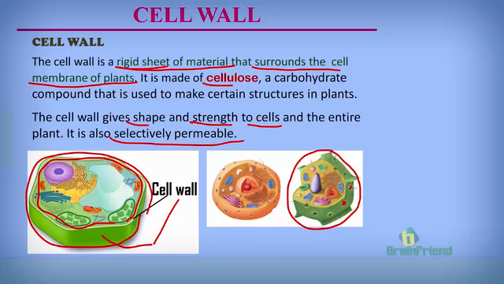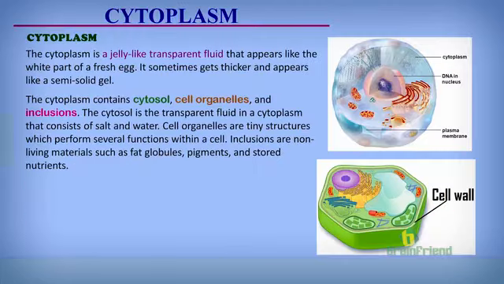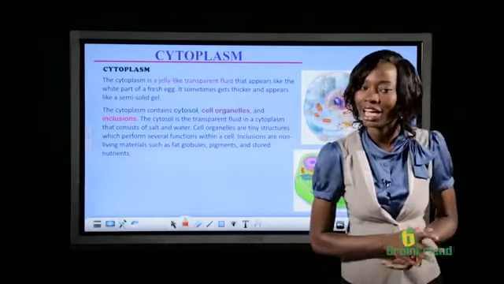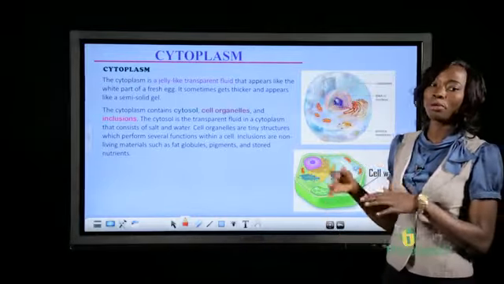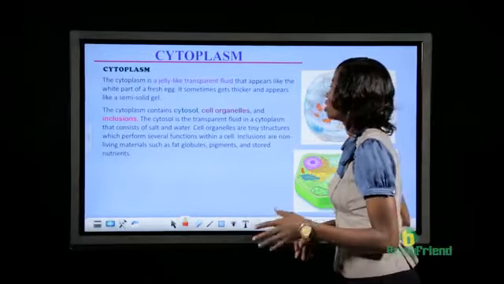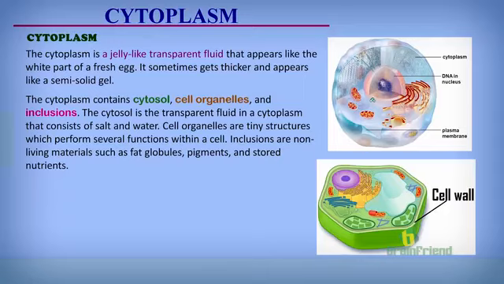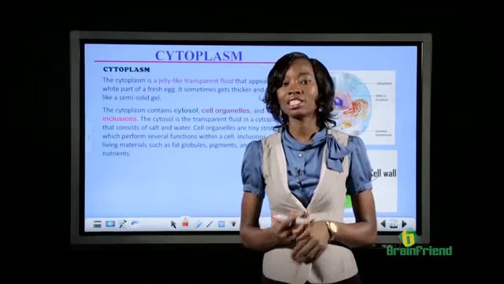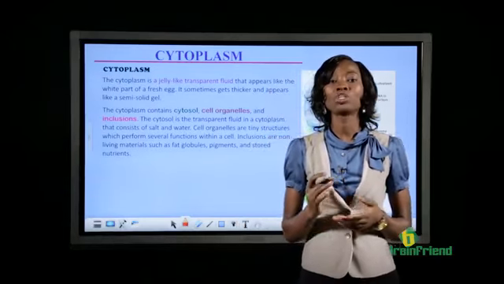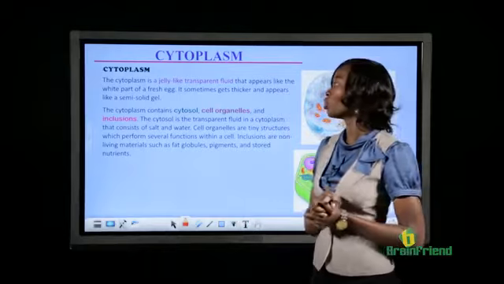You can see the tiny openings or tiny pores that control the movement of substances. So you find cell wall in plant cells, you find cell membrane or plasma membrane in animal cells and other cells. Let me also mention, cell wall is also found in other photosynthetic cells. So if you see a cell that carries out photosynthesis, you should have cell walls.